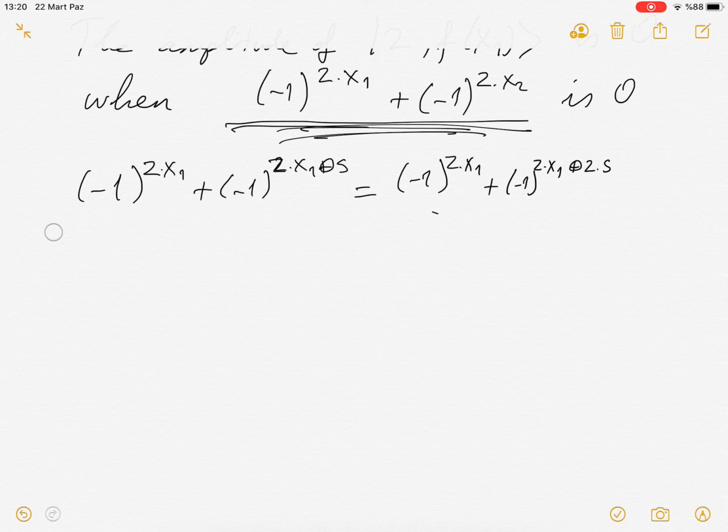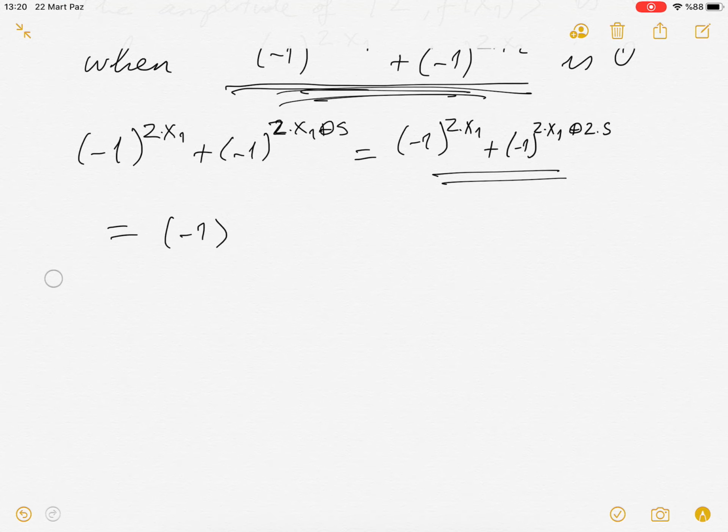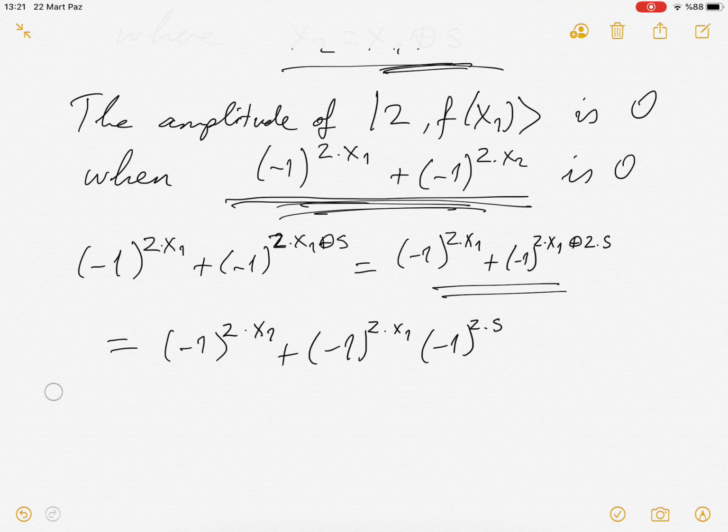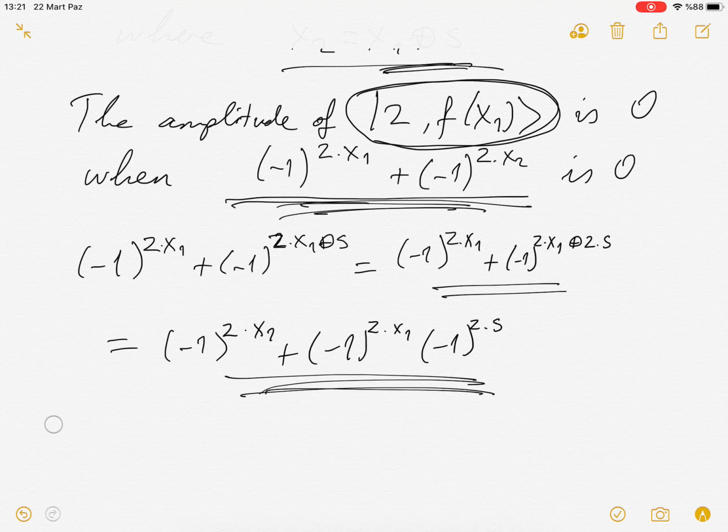Taking this further, this last expression is equal to (-1)^(z·x1) plus (-1)^(z·x1) times (-1)^(z·s). The common base is minus 1. Then the amplitude of this basis state right here is 0 when this expression is 0.